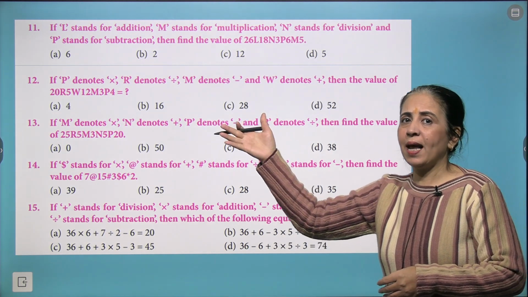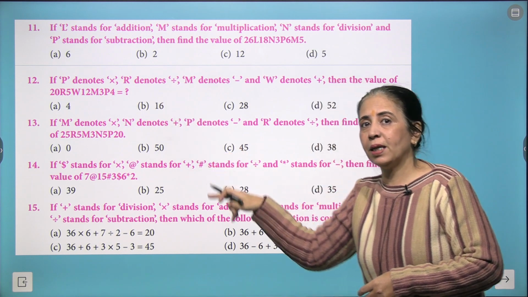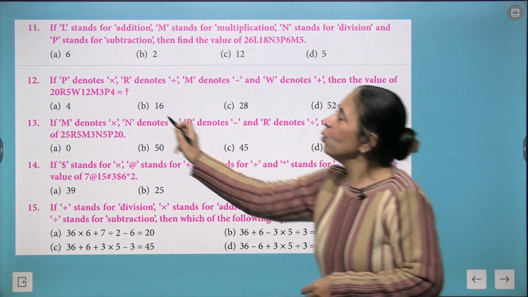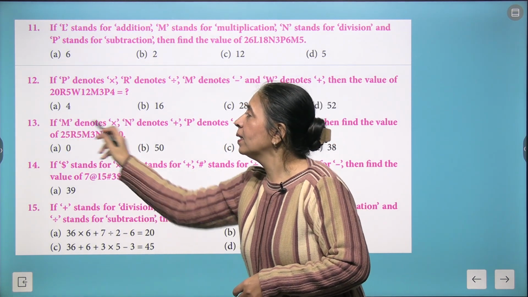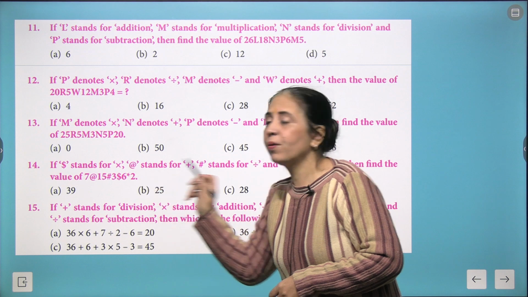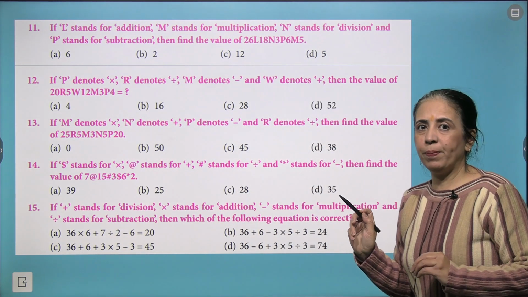Having more questions like this where alphabets are to be replaced by mathematical operations. If you look here, we don't find any mathematical operations, but the alphabets are to be replaced by those symbols, and then the calculation will be done.